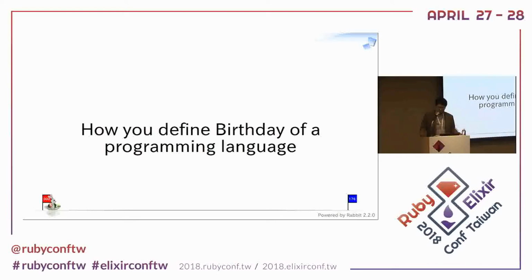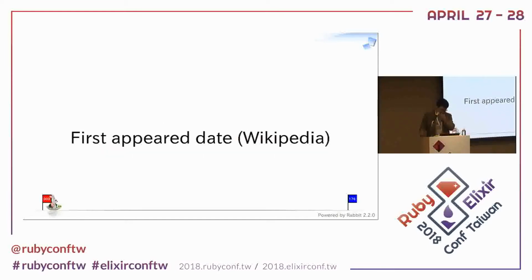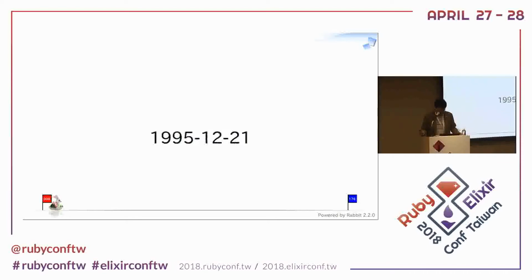But how do you define the birthday of a programming language? In Wikipedia, people show the first appeared date. According to Wikipedia, Ruby was first released in December 1995.